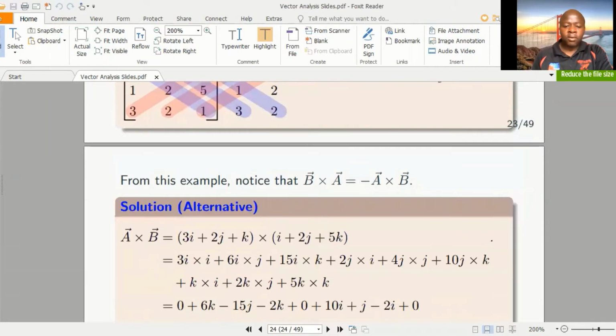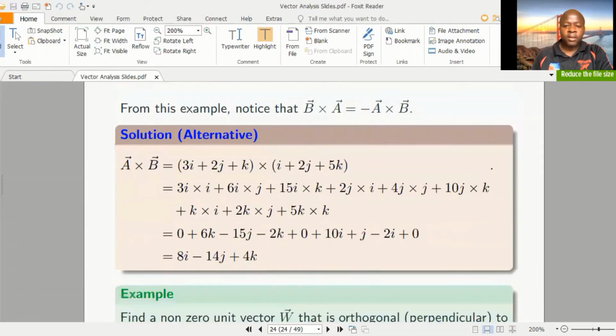And of course, there's another way of doing it, which we had used in our previous example in the other video, where you expand just by expanding. So this cross that, and then this cross this, and then this cross that.